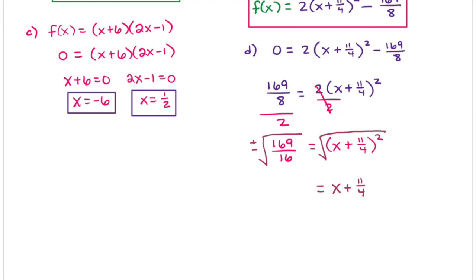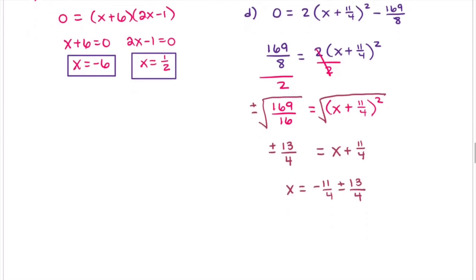I'm going to simplify this 169. The square root of 169 is a perfect square. So we would have positive or negative 13 over the square root of 16, which is also a perfect square, equal to 4. I'm going to minus that 11 over 4 over. And at this point, I'm going to evaluate this. So let's write our answer as x is equal to negative 11 over 4 plus 13 over 4. What would that x value be?